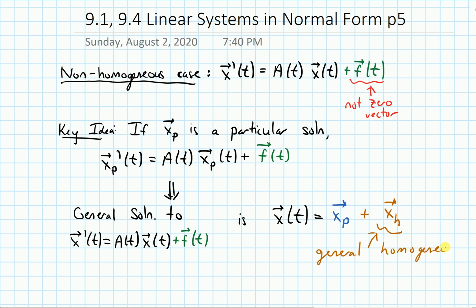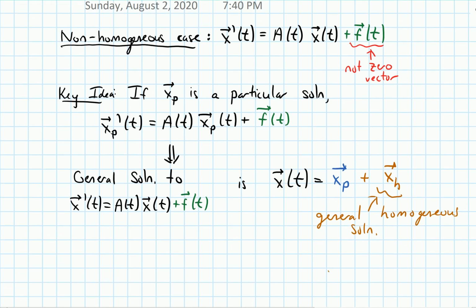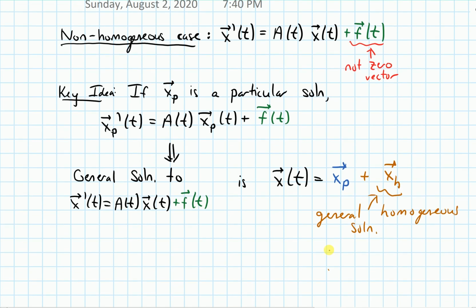At this point, we know what form this will have. It will look like C1 times x1 of t plus dot dot dot plus Cn times xn of t, where x1 up to xn are n linearly independent solutions to the homogeneous equation. So this parallels what we saw with matrix equations and what the solution to a non-homogeneous matrix equation looked like.